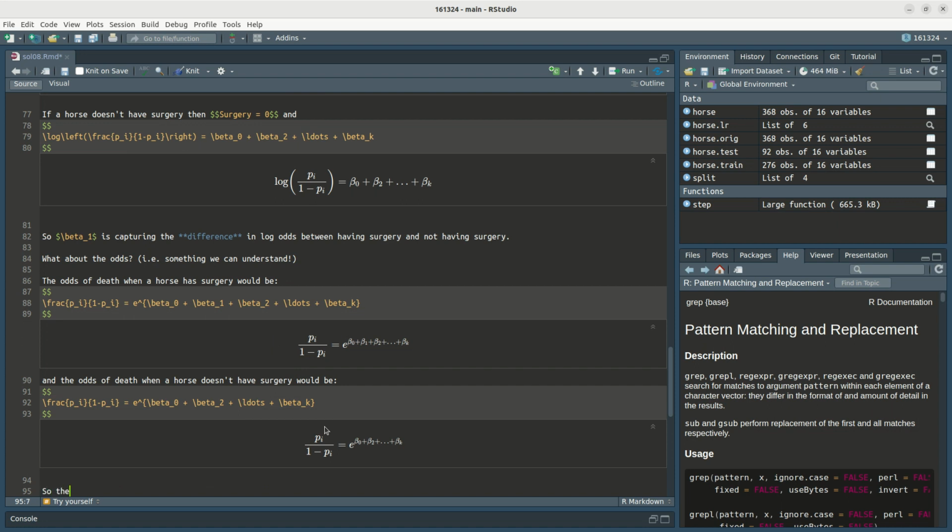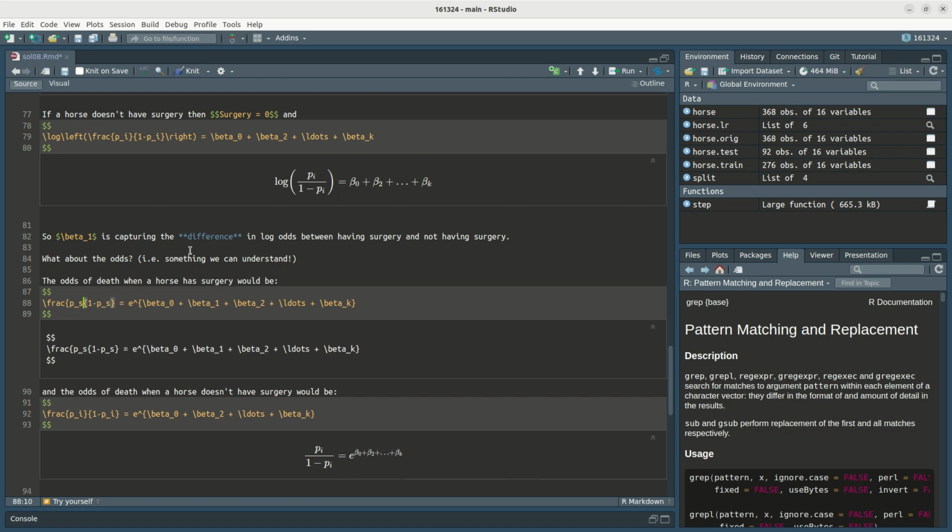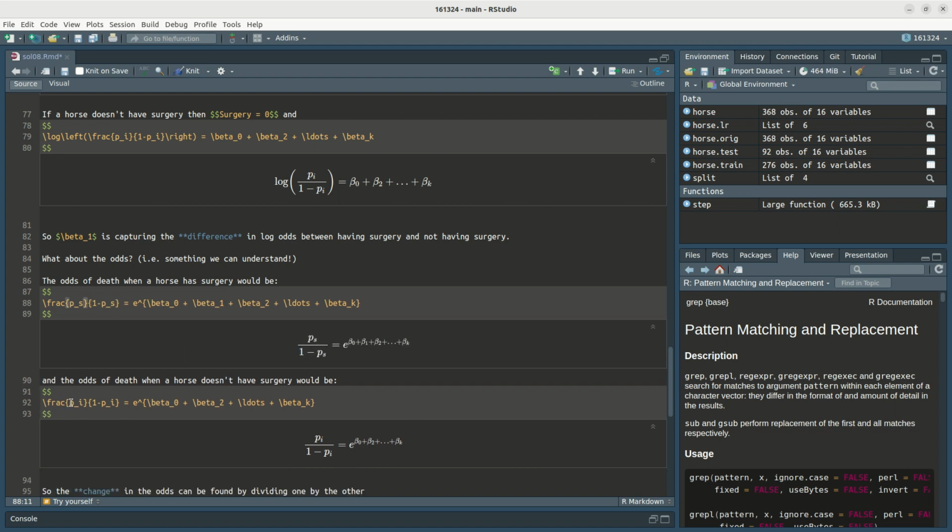So the change in the odds can be found by dividing one by the other. Let's say this is P surgery, or maybe call it PS for surgery, and this would be doesn't have surgery, so we'll do PN for no surgery.